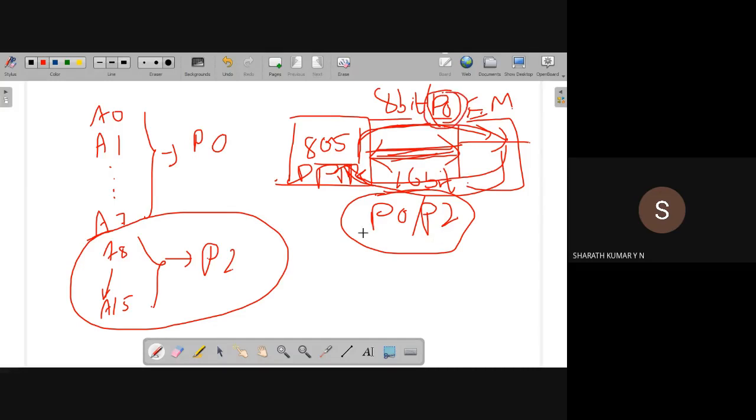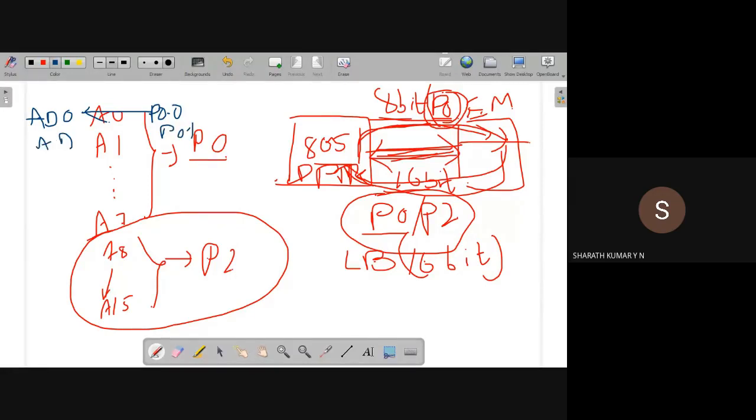So we find that port 0 performs two functions. It carries the lower 8 bits of the 16-bit address, and it also carries 8 bits of data. Thereby port 0 is represented as AD0. The first bit of port 0, P0.0, is represented as AD0, and P0.1 is represented as AD1, because A corresponds to address and D corresponds to data.